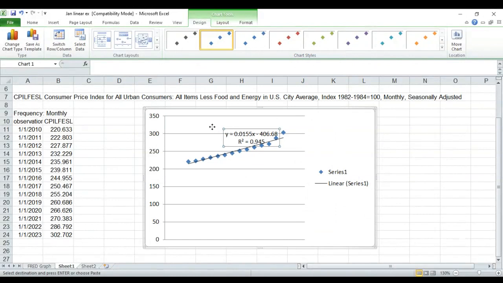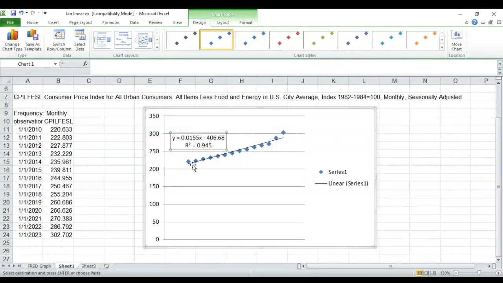And we're going to get, I'm going to move it so you can see it. You're going to get this line equation. Let me blow it up. I think I can, no, it won't blow up. Okay, you're going to get this line equation and you're going to get R squared. So that's called the line of best fit, and you get the line.